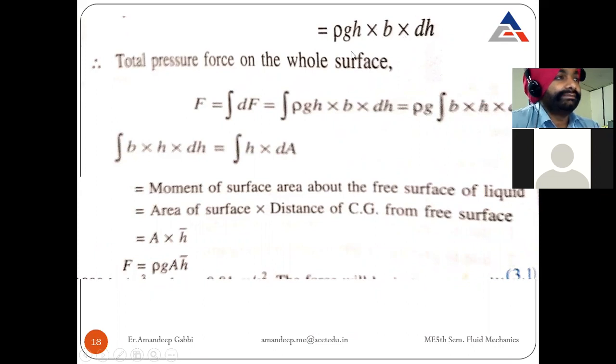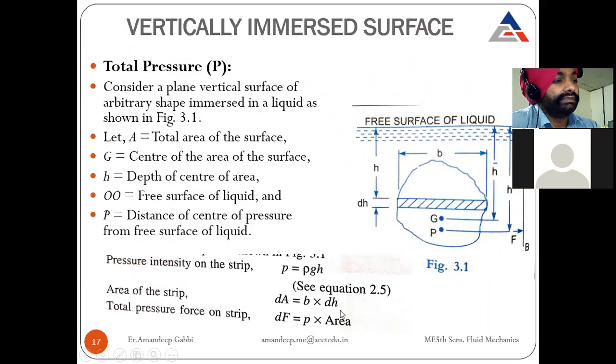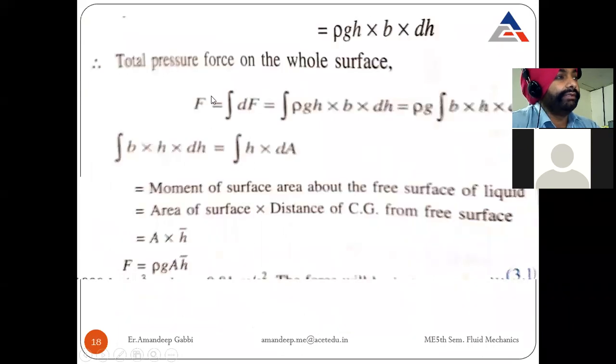Now, we have taken a small area, so a small force will be there. If you want to calculate the whole force on the whole surface, we have to integrate this: rho g h into B into dh. When you integrate this, rho is density and remains constant, and g is again a constant that comes out of the integration.